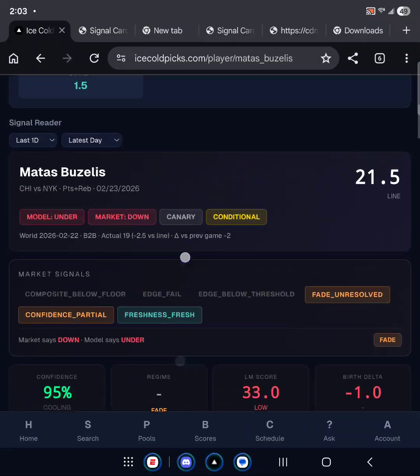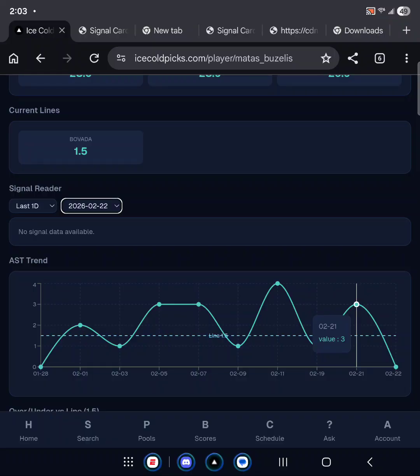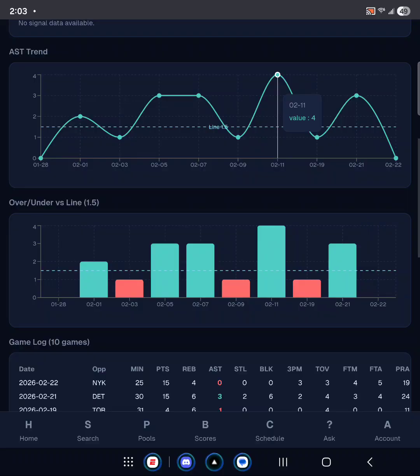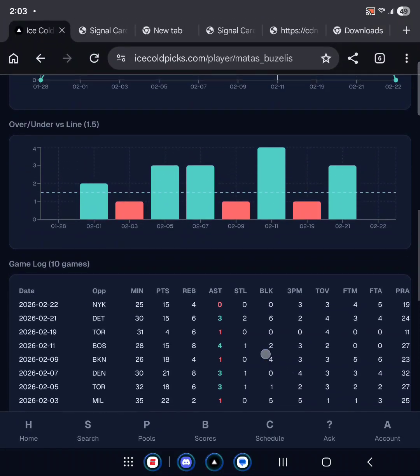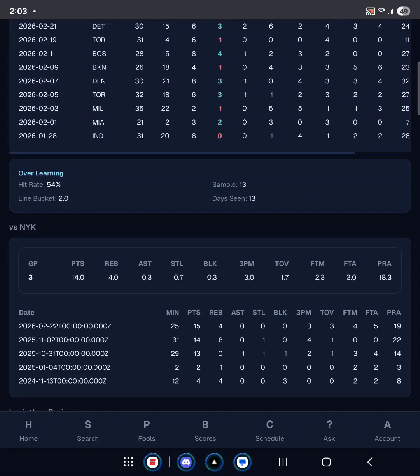Actually, let me switch the date because this is the wrong date right now. So I switched it to the 22nd because right now we're doing the 22nd. I don't want to do today's dates yet. And you see that the 22nd, well, we're going to look from the 21st. So we look at his last 5 right there.